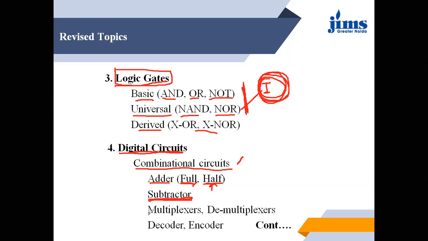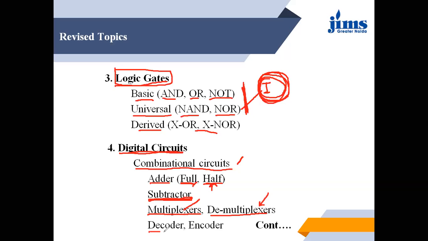After this, we discuss multiplexers and demultiplexers. Where there is only one output, this is a multiplexer. When there is only one input, this is a demultiplexer.